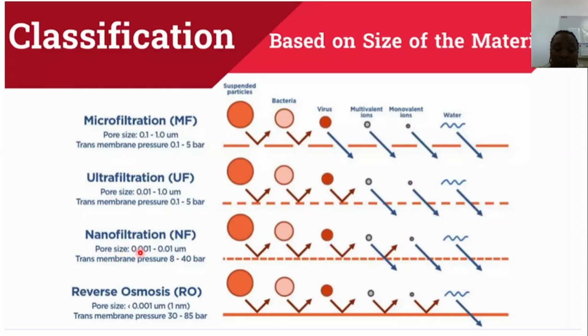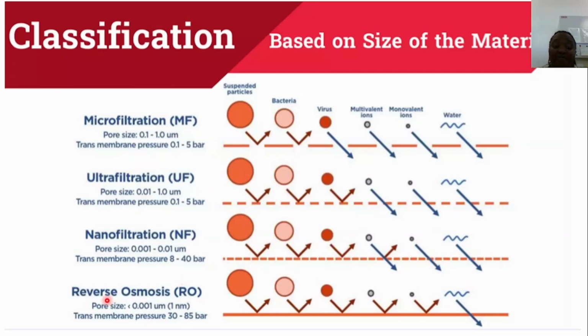Nanofiltration has a smaller pore size of 0.001 to 0.01 micrometers, and this one does not allow suspended particles, bacteria, or viruses, partly allows multivalent ions, and allows monovalent ions and water to pass through.